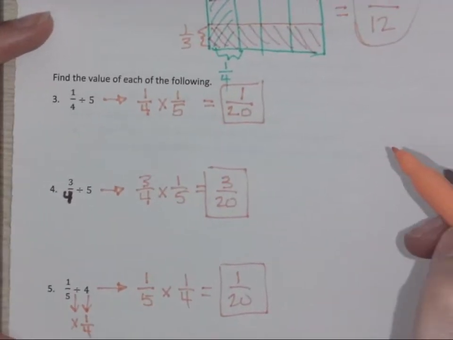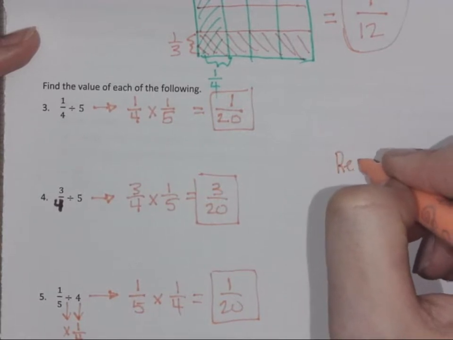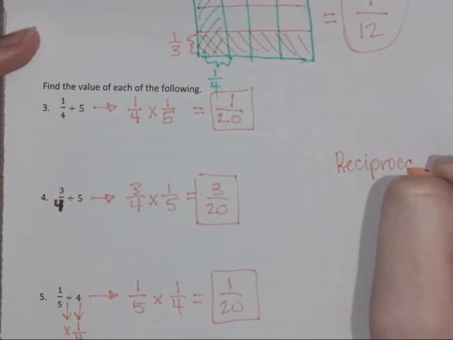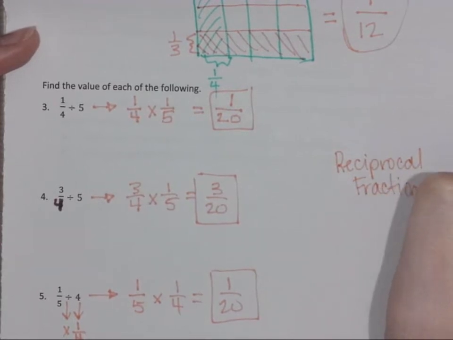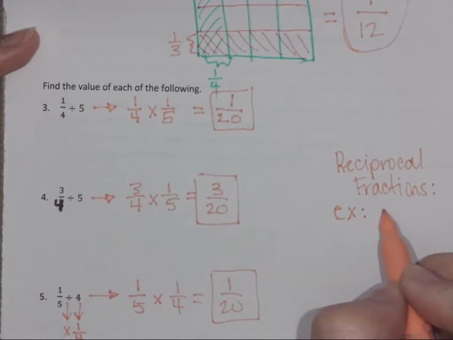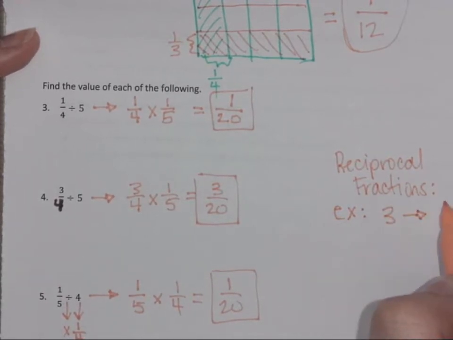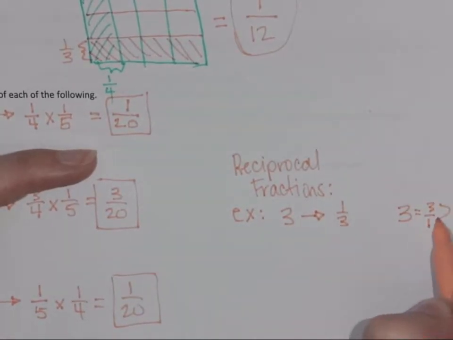So remember, reciprocal fractions. Okay, here's some examples. I've written these on the board too. The reciprocal of 3 is 1/3, right? Because 3 is 3/1. So if we flip it, you get 1/3.